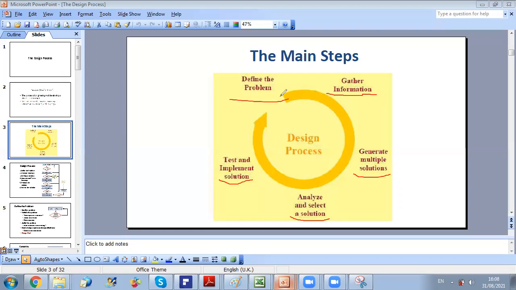Now, the second step is to gather information. And as we said, it's a very important step because before you can go further in the design, you need to collect the available information that relates to the problem. As we said, maybe some designers will skip this step, but in general, it's not good to skip it because you will learn a lot from it.